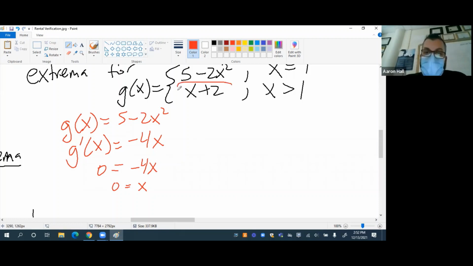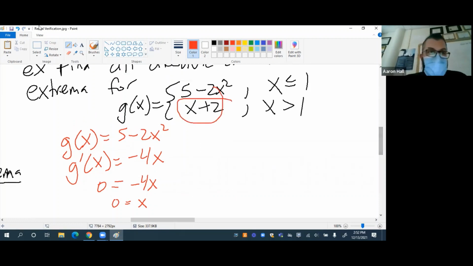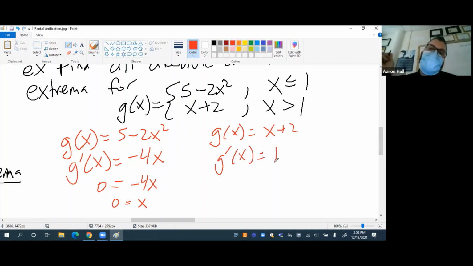What about this piece over here, this x plus 2? If I take the derivative of this other piece, what do I get? Which means what? Well, 0 can't equal 1, so we don't have a zero slope for that. Does it make sense? Let me rewrite this the way you would see it in secondary math 1. We'd just see it as y equals x plus 2.